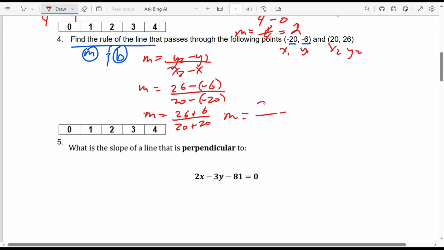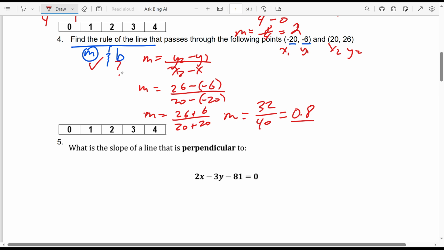Anyway, so you're going to have on top 32 over 40. That's going to break down to, you can simplify it, or we can turn it into a decimal. Now, in any of these, remember our goal is to find M first, then find B. So there's M. I've got that.